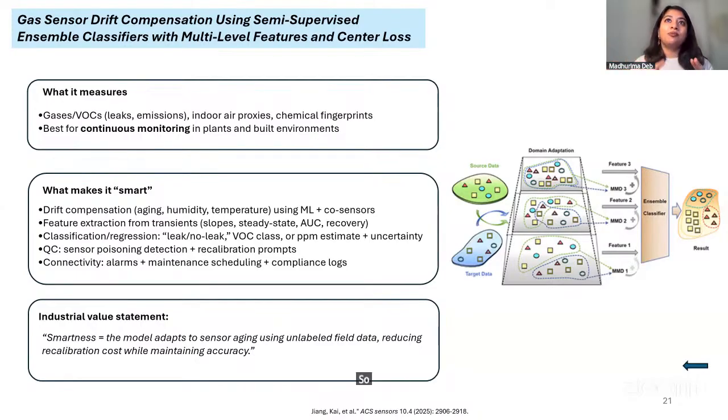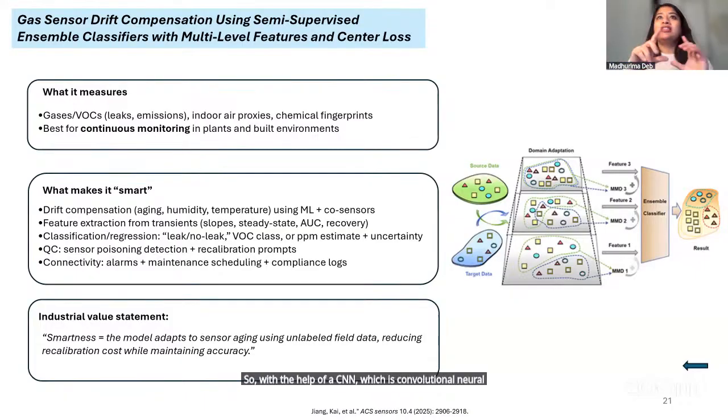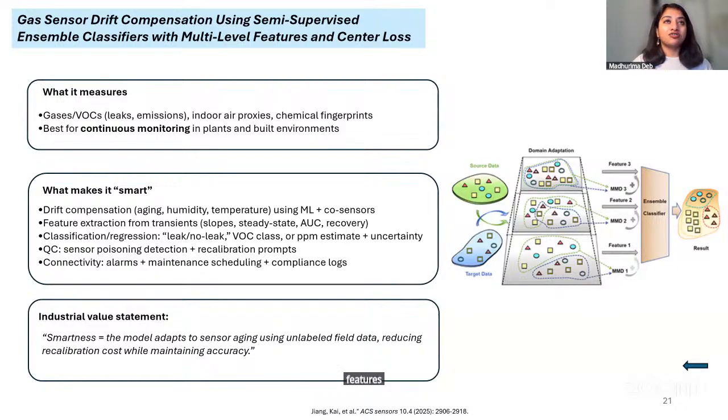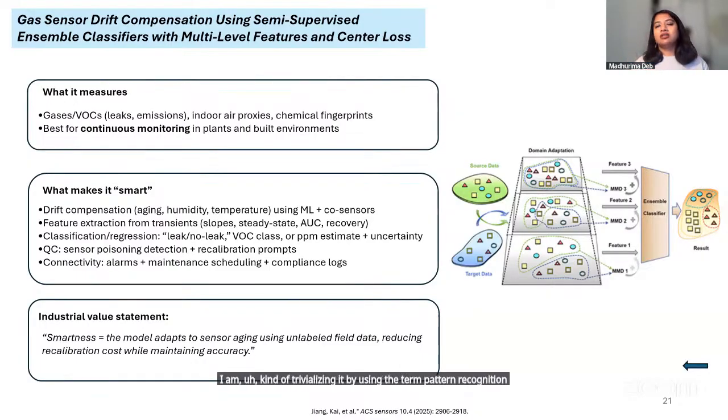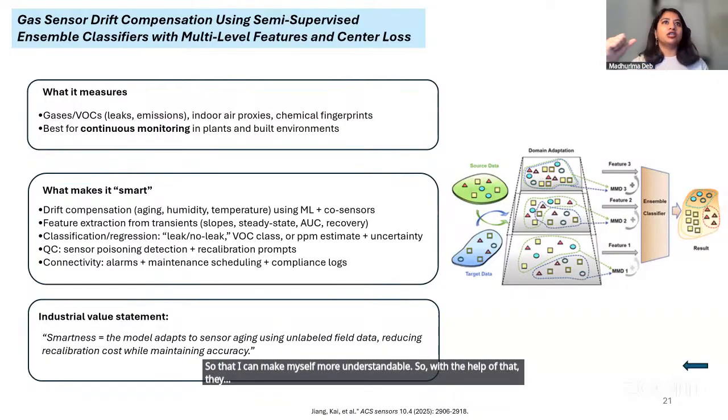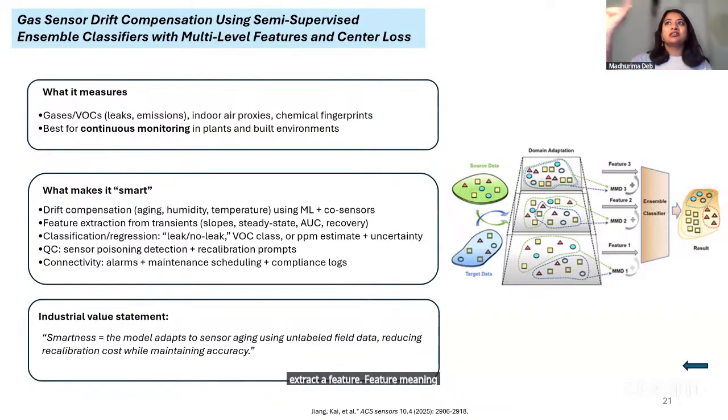With the help of a CNN, a convolutional neural network, they extract some features from that. They look at the patterns of the data. I am trivializing it by using the term pattern recognition, so that I can make myself more understandable. With the help of that, they extract a feature, feature meaning, okay, this represents that.